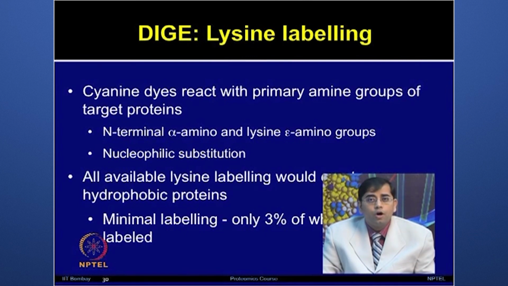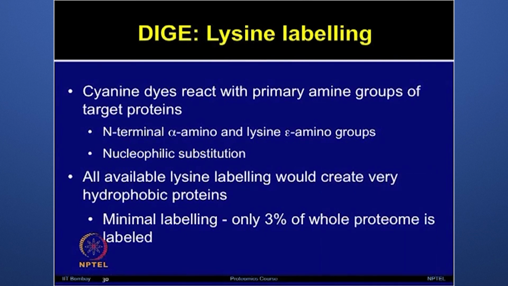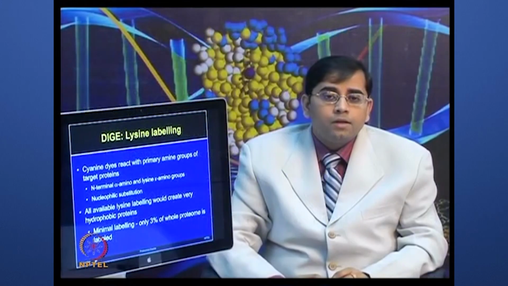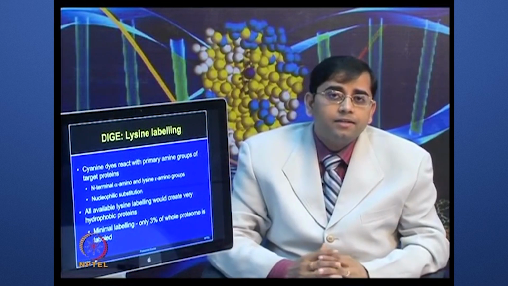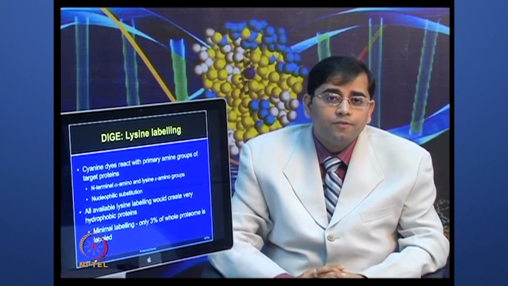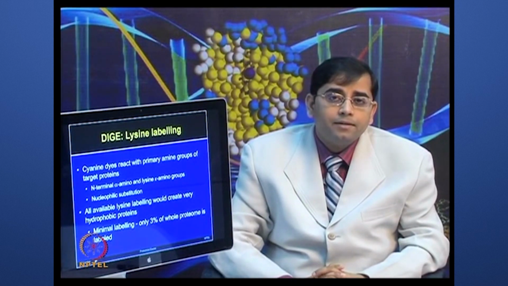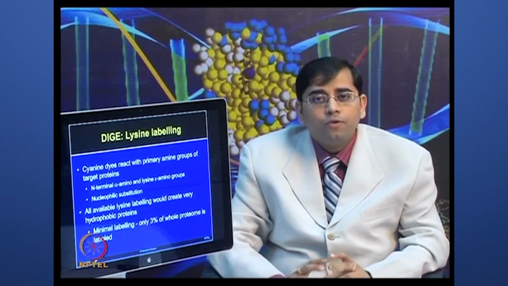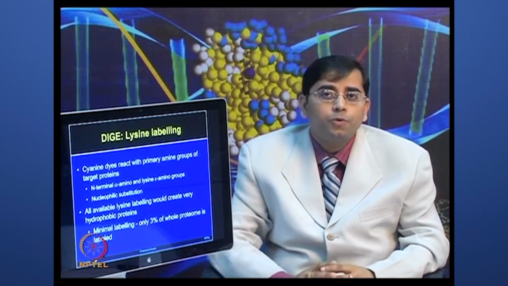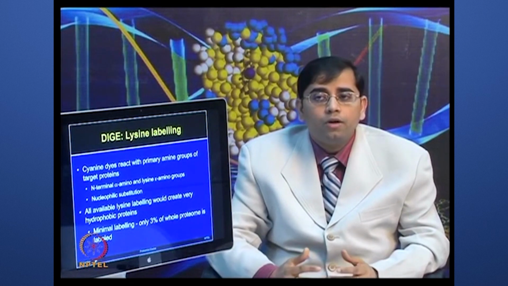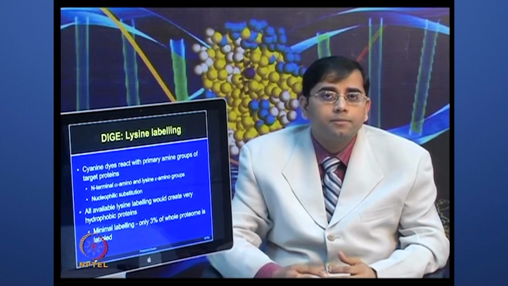That was the case observed in the original paper by Unlu et al. So, to avoid that hydrophobic protein atmosphere, it is recommended to do the minimal labeling of only 3% of the whole proteome, so that overall it is not very hydrophobic.